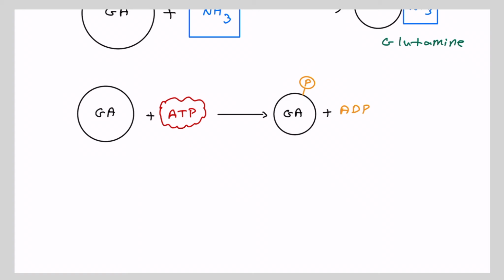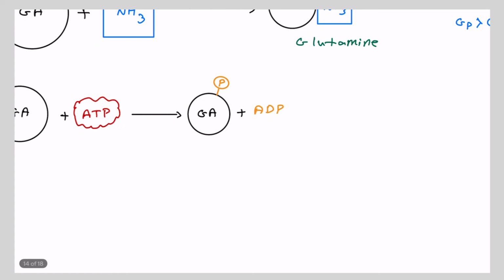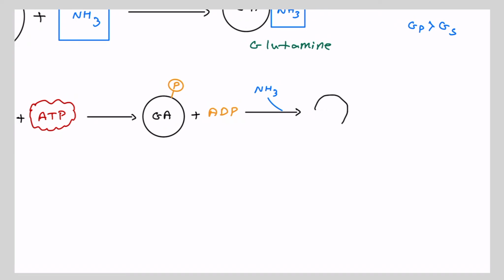After this we are going to have the addition of our ammonia to this mix. Now ammonia gets added, and what we're going to have is the glutamine that we wanted, which is our glutamic acid plus the ammonia, and we're going to have ADP plus a phosphate group.